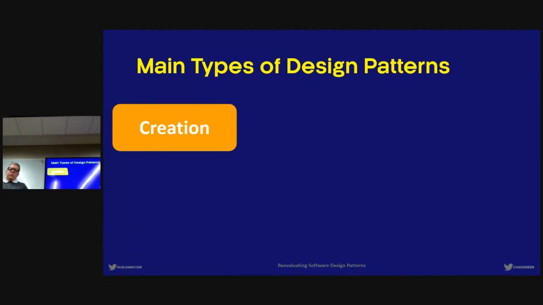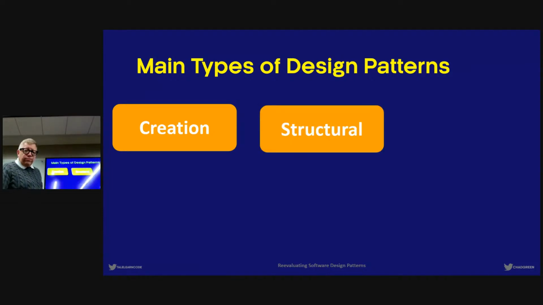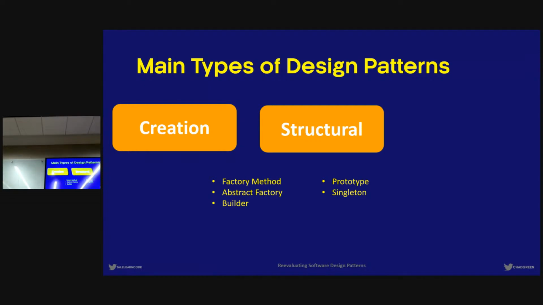First being your creation pattern. So things like the interpreter, the observer, command, iterator. So things that create objects, right? So how do we successfully create objects over and over? The next group was the structurals. And here we're talking about the structure of an application, right? So the factory pattern, which I'll be talking about, the idea that you have something I can give it and it builds the object for me, right?